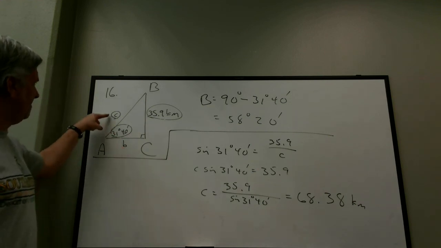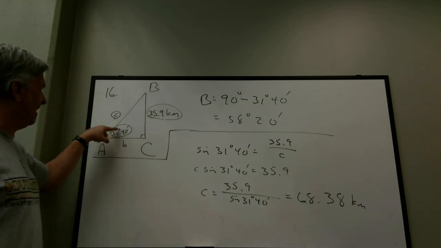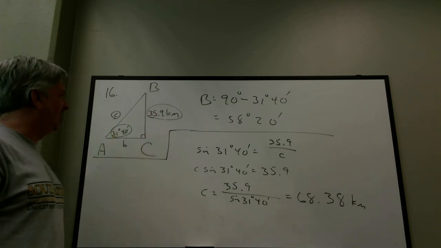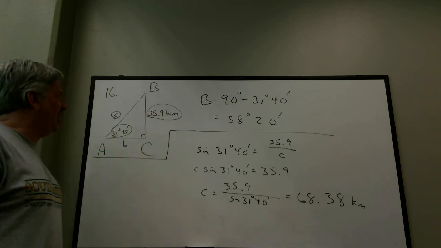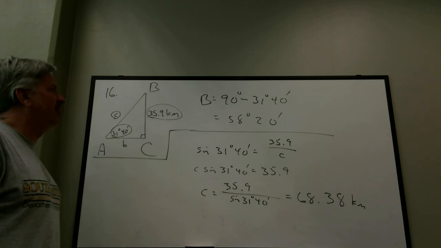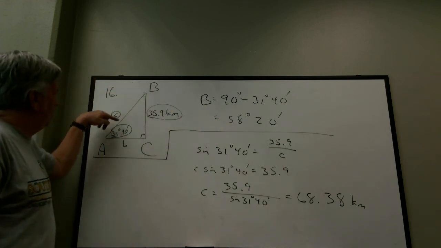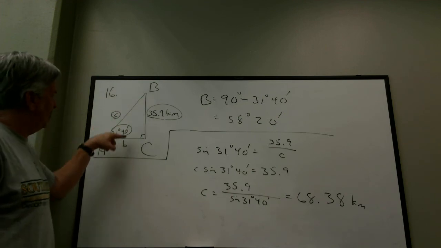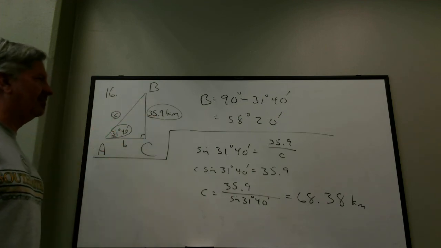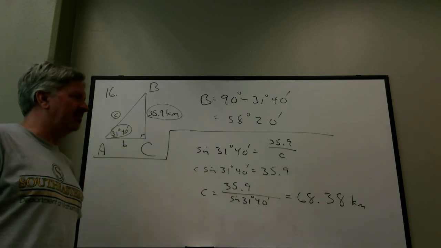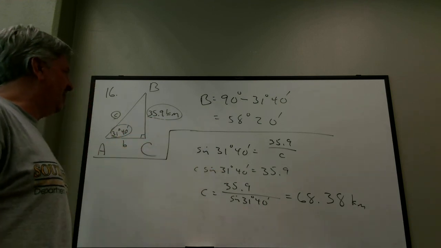You know B has to be less than C because B is a leg and C is a hypotenuse. How does B compare to little a? Is B going to be bigger than side A or smaller than side A? Well, angle B was about 58 degrees, which is more than angle A. So side B is going to be bigger than side A. So it's going to be between 35.9 and 68.38. So that would give me an idea if my answer makes sense.